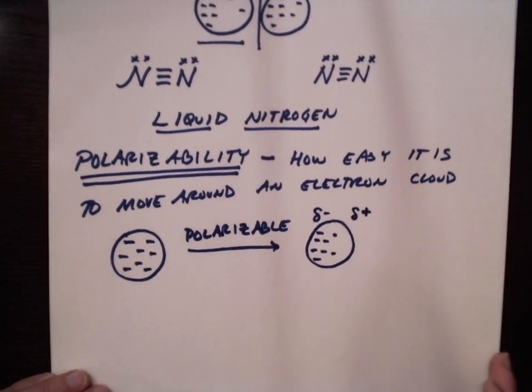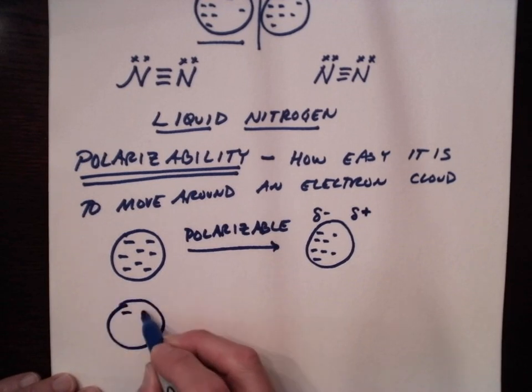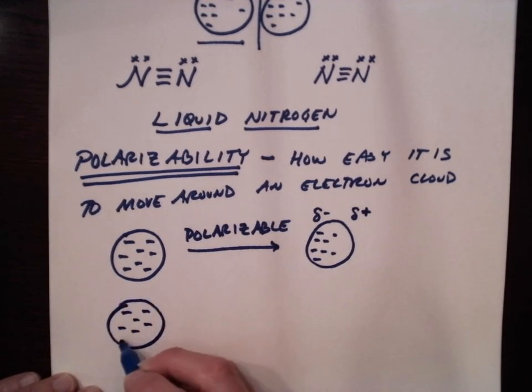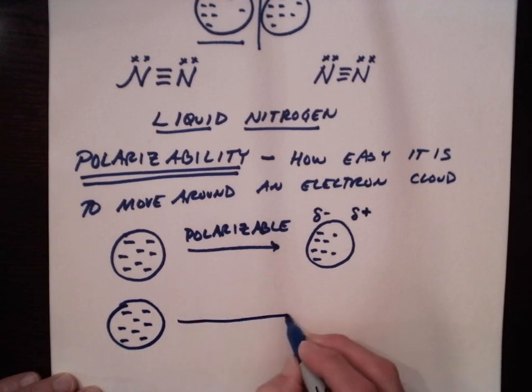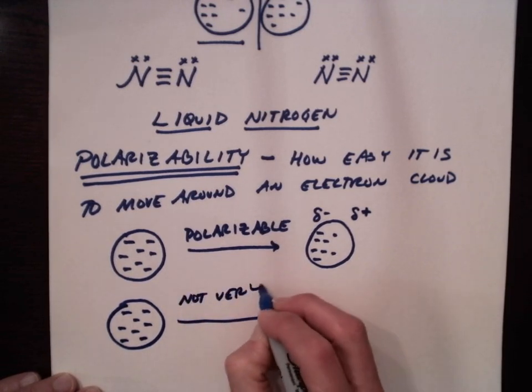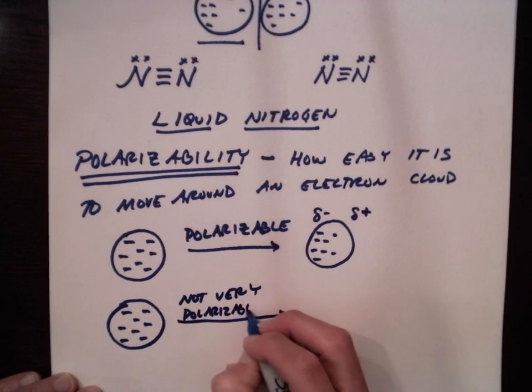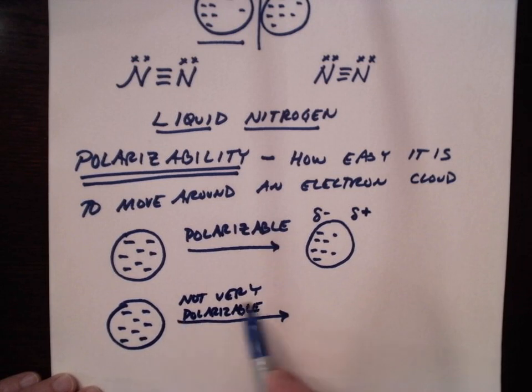If something's not polarizable, so this is not very polarizable, then in this case, it's very difficult to get this electron cloud to move around. And so you're only going to cause a slight shift.